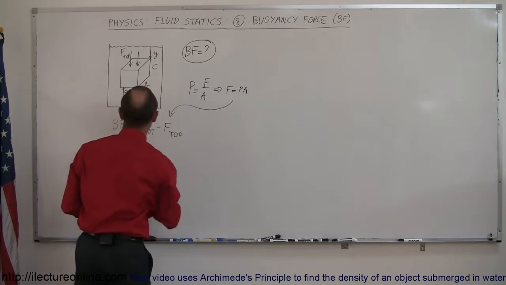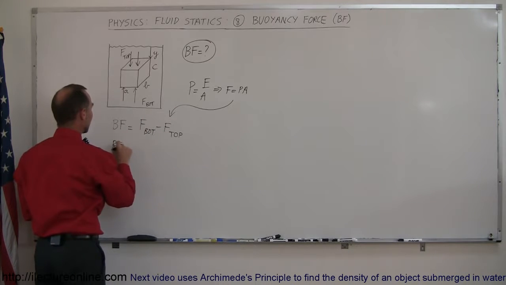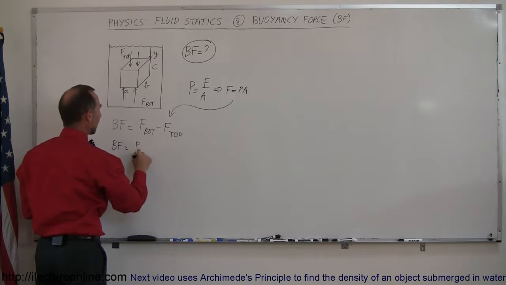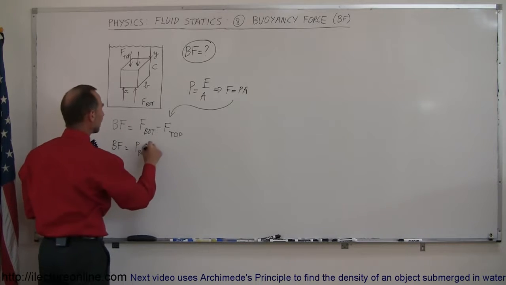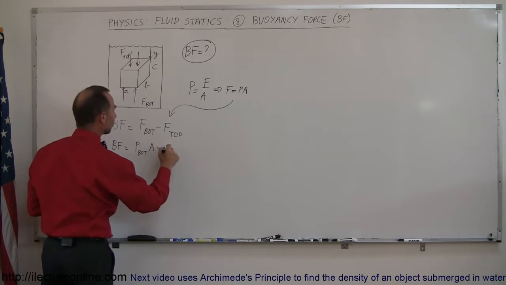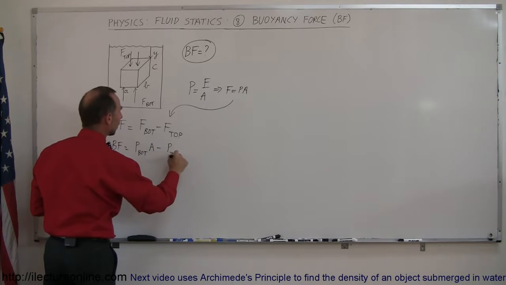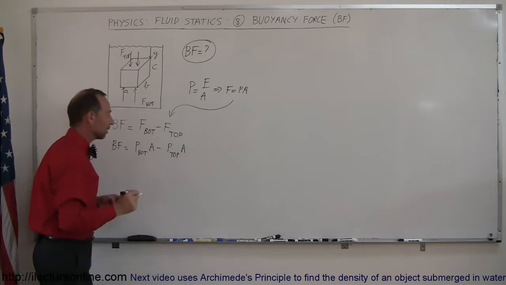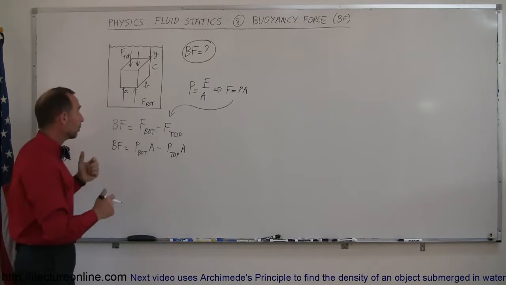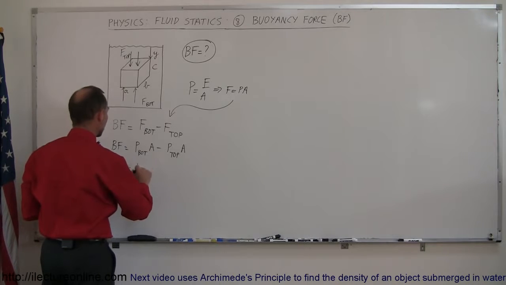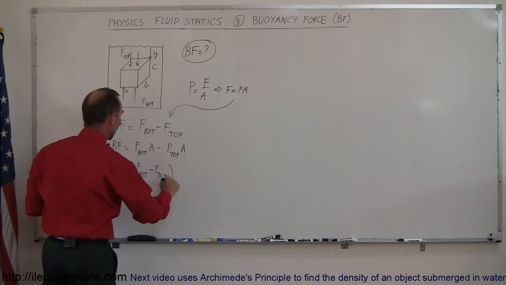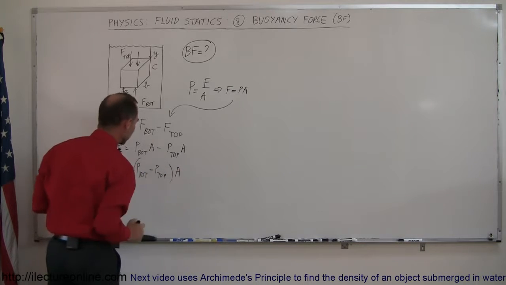So the buoyancy force is equal to the pressure at the bottom times the cross-sectional area, minus the pressure at the top times the cross-sectional area. Since the area is the same for both the top and the bottom, it's equal to the pressure at the bottom minus the pressure at the top, times the cross-sectional area.